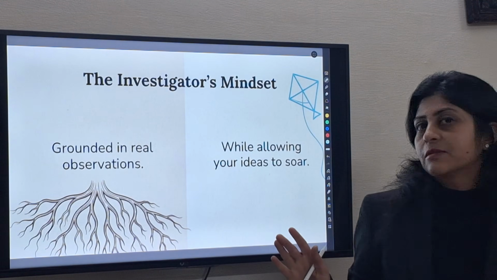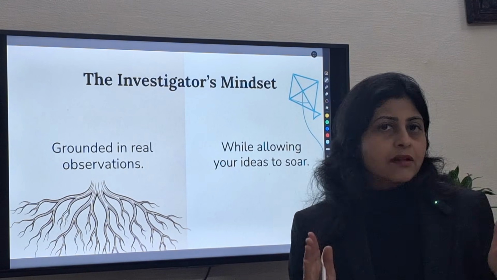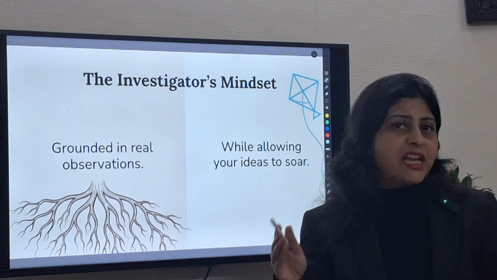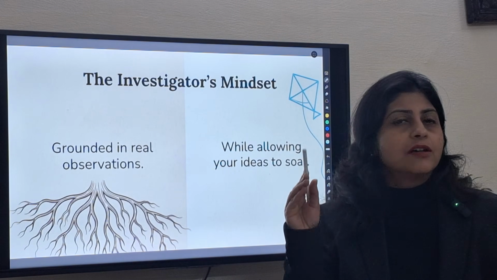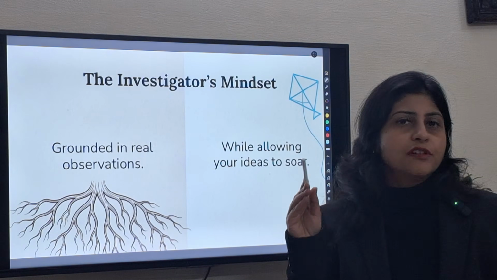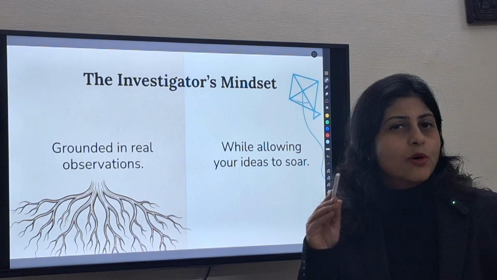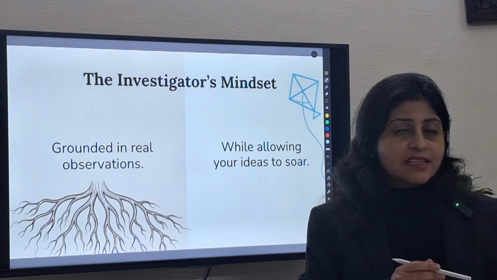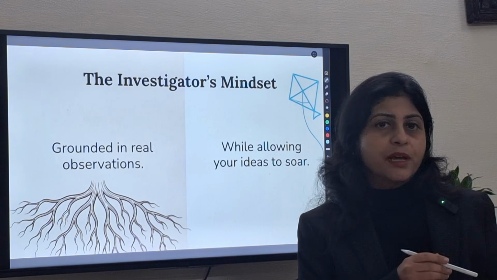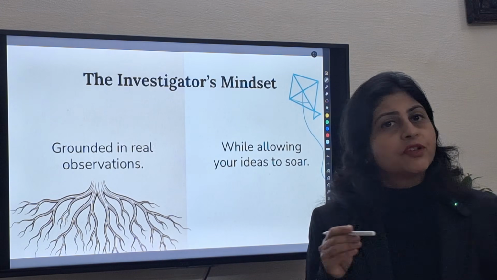What is an investigator's mindset? If you just check every page of your Curiosity book, on the right hand topmost corner, you will find a soaring, flying high kite. And on the bottom left side of your page, you're going to see the roots.